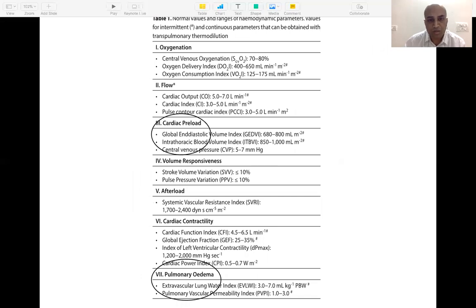Along with the cardiac output and preload, like global end diastolic volume, central venous pressure, and intrathoracic blood volume, we can also look for pulmonary edema, that is the extravascular lung water index and pulmonary vascular permeability index. By these two data, we can differentiate between a cardiogenic cause and a non-cardiogenic cause of pulmonary edema.